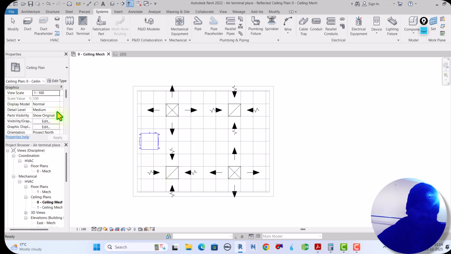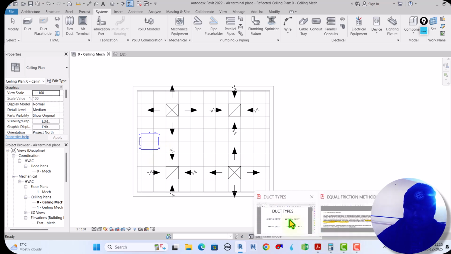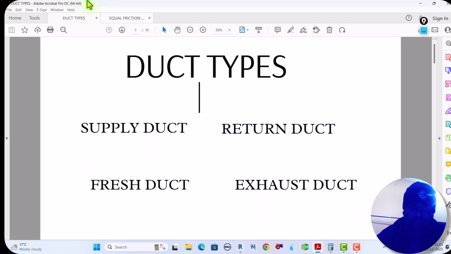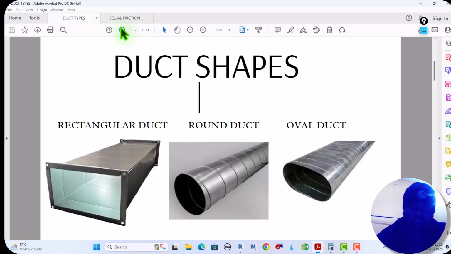So how many duct types? 4 types. After that, duct shape is also important: rectangular duct, round duct and oval duct. Most commonly we use rectangular and round.